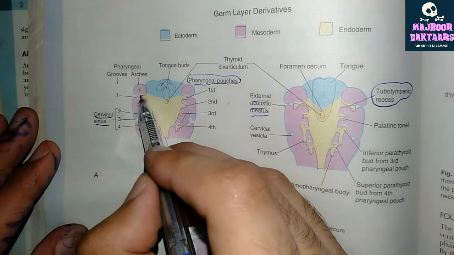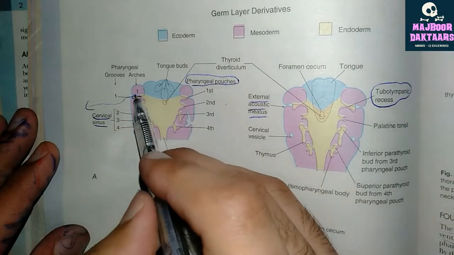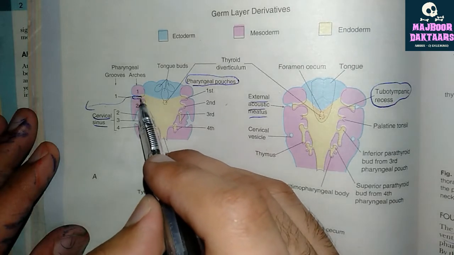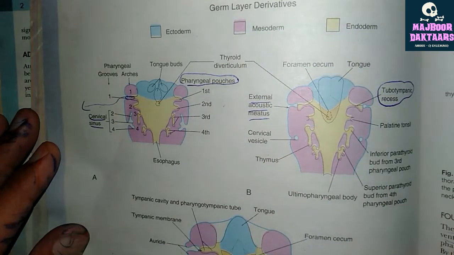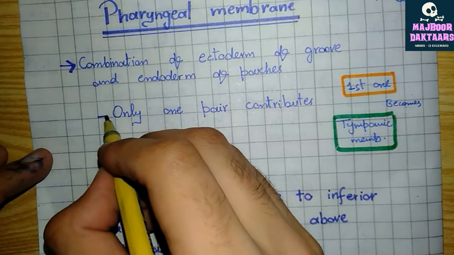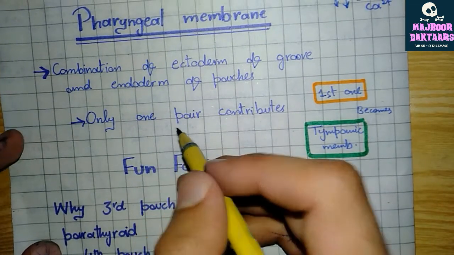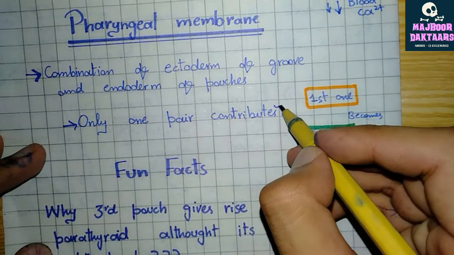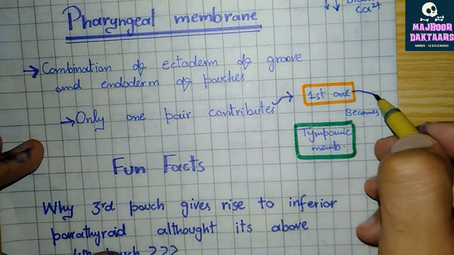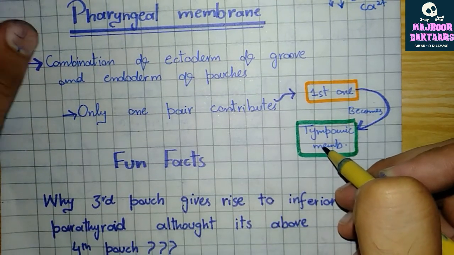Both of these combine together to form the pharyngeal membrane, that is the ectodermal layer of the pharyngeal groove, while the endodermal layer of the pharyngeal pouch. Although they are 4 in number, only one pair of pharyngeal membrane contributes to the formation of a structure, and that is the first pharyngeal membrane pair, which becomes the tympanic membrane and helps in the formation of the eardrum.